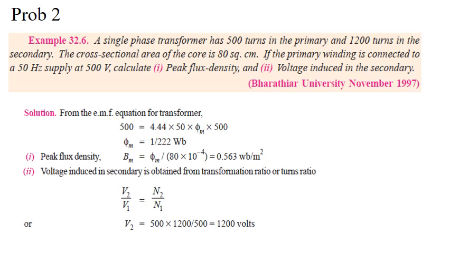Phi we can find out using the EMF equation, that is E1 equals 4.44 F into phi into N. Again we will assume that E1 equals V1, therefore E1 equals 500, frequency is given to be 50 and number of turns is 500.